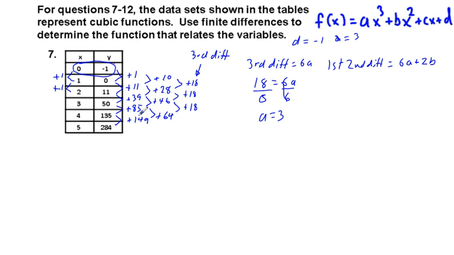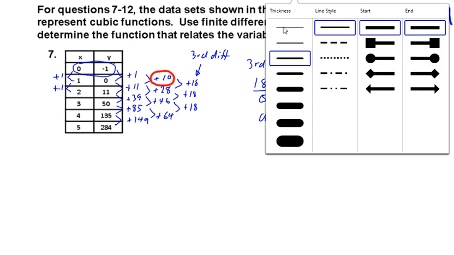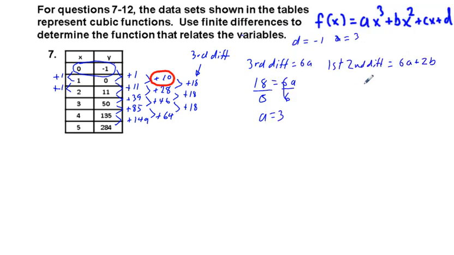And so what is that going to be? Our first second difference is going to be this 10. And what you're looking for is when you go from x from 0 to 1, the next one up there is 10. So our first second difference is 10. So 10 is equal to 6a plus 2b.